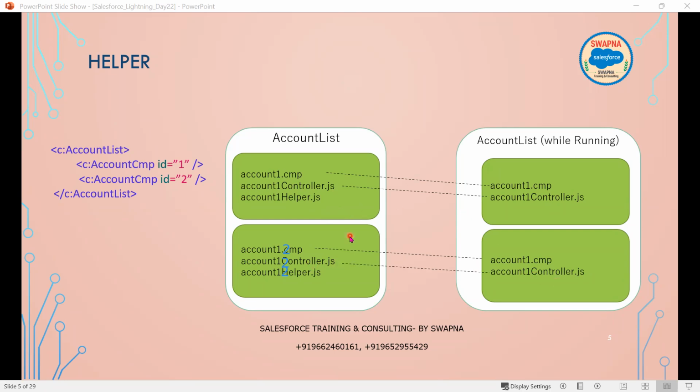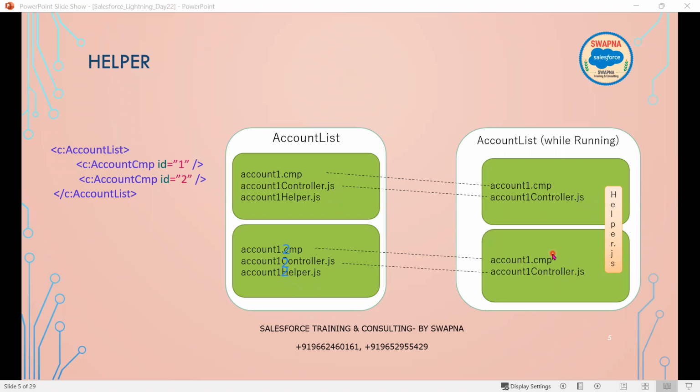But where is the helper here? Actually, during the runtime, the helper logic gets shared between the components. Instead of implementing two helper classes, one in each component, we can use just one helper class and share it.